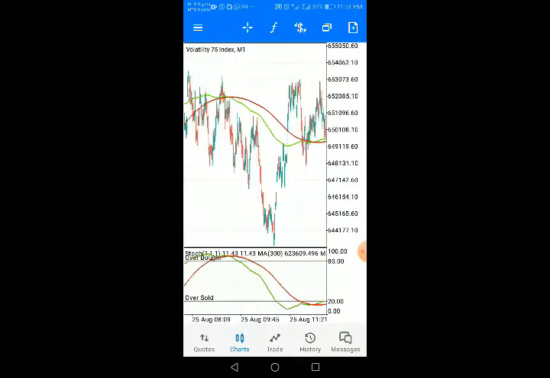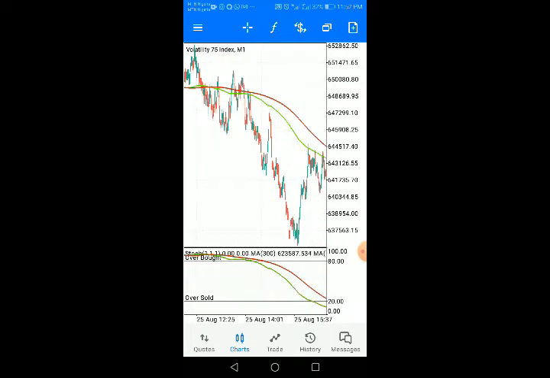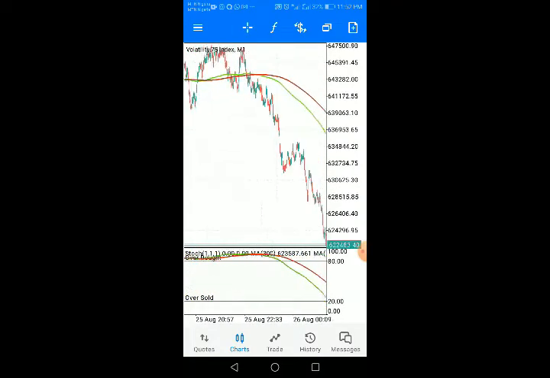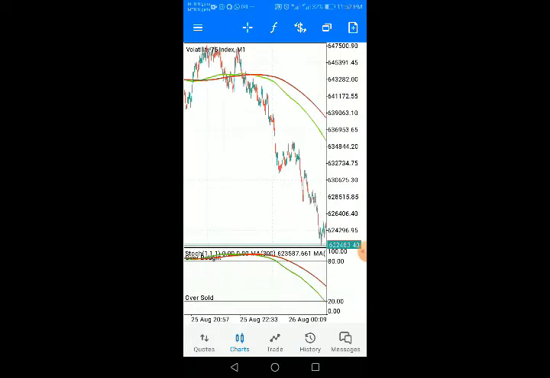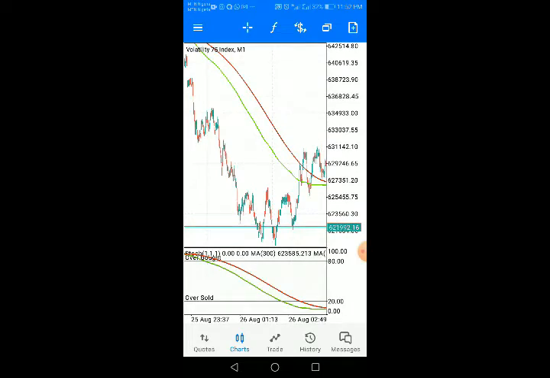It helps you to enter at a very good price and exit at a very profitable price as well. You can see enter here, exit here. Wow, amazing. So as you guys can see, the strategy is very powerful and very profitable.